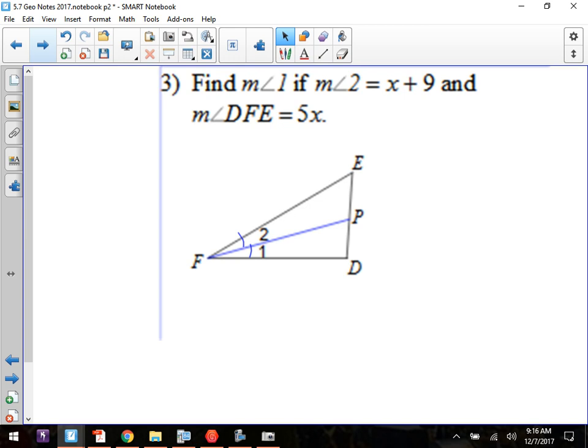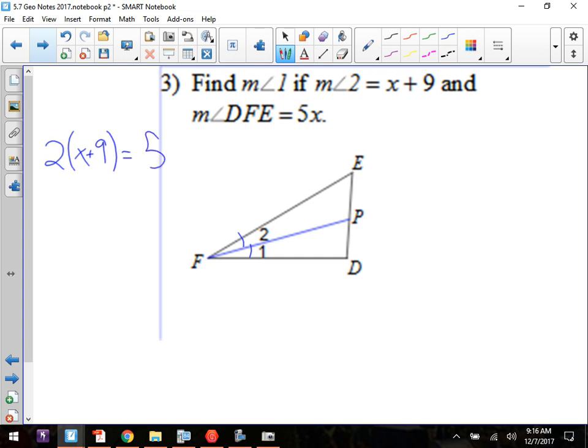So angle 2 is part of an angle bisector. So if you double it, it equals the whole thing. 2x plus 18 is 5x. Move some stuff around here.